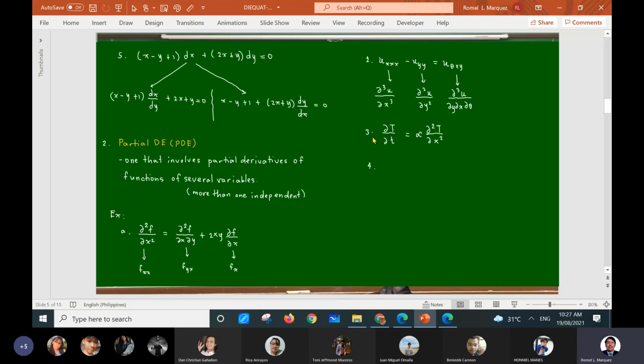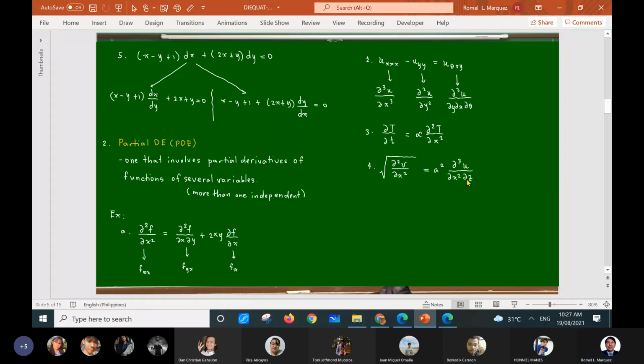Number 4, we can have, let's say, square root of second partial derivative of v with respect to x, meaning twice with respect to x, and that is equal to, let's say, a squared, then third partial derivative of u with respect to z, then twice with respect to x.